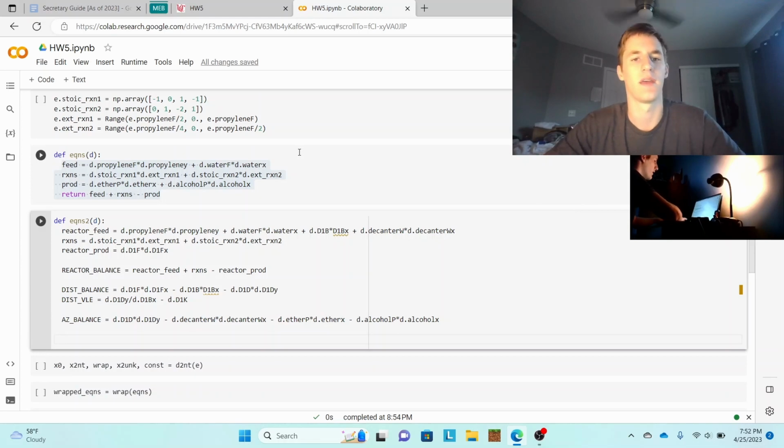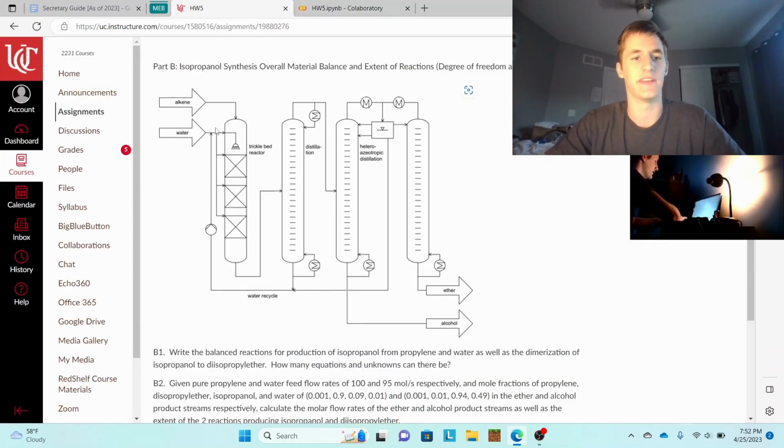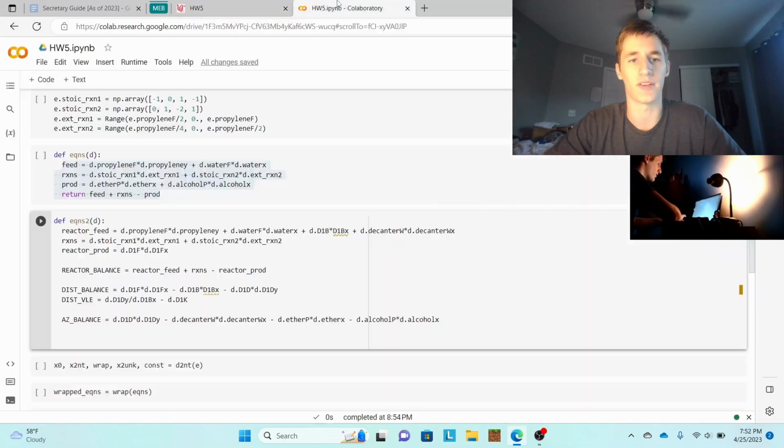All right. Now, one last thing I want to look at here is this alkene to water or water to alkene ratio. Right? So before we just used the water and the alkene flow, but now we also have this recycle here. So we want to add in a constraint here so that we know the ratio of water to alkene.